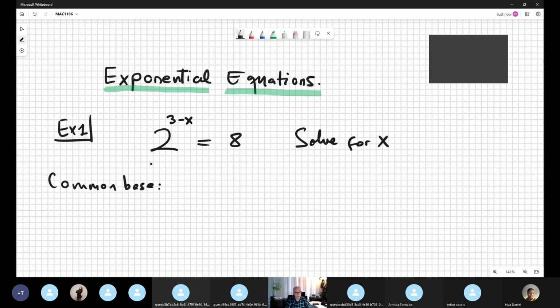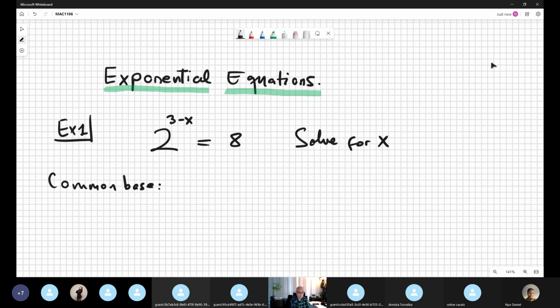So we practice a little bit. What do you believe is the common base? 2 or 8? I ask you, what do you believe is the common base? You can use it to express both sides. What is the common base?